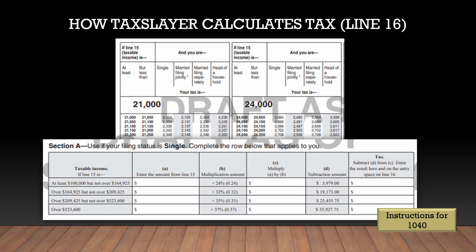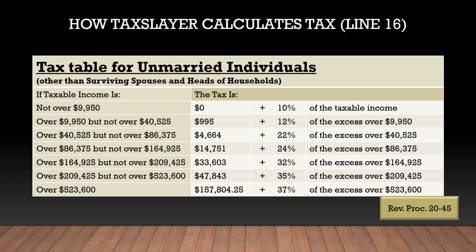These are tax tables that if you were doing tax on paper, you would go into the instructions and look up the amount of income and figure it out with your filing status, and you would come up with your amount of tax based on your taxable income from that last line on the front of the 1040. And I wanted to give you a closer look at how the tax tables calculate the tax. Again, this is something that TaxSlayer is going to do automatically for us, but I just wanted you to see the mechanics and be familiar with it.